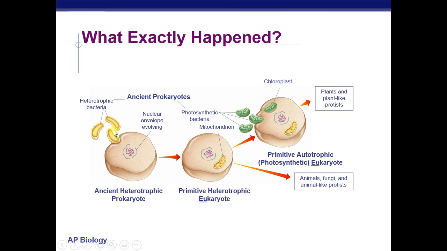Some were able to, for example, develop the ability to break down external chemical substances and to create chemical energy. Okay, they were able to go through cellular respiration, and they were able to produce a lot of energy on their own. And so other ancient prokaryotic cells engulfed them like this, so that they could also harness that energy.